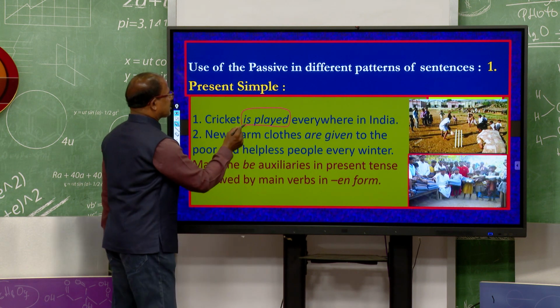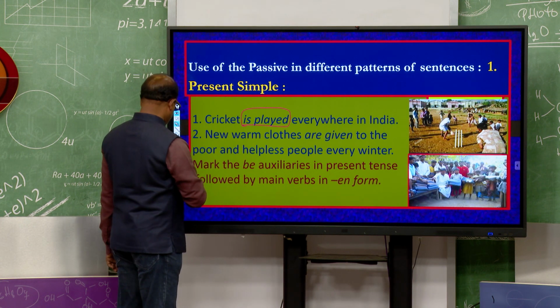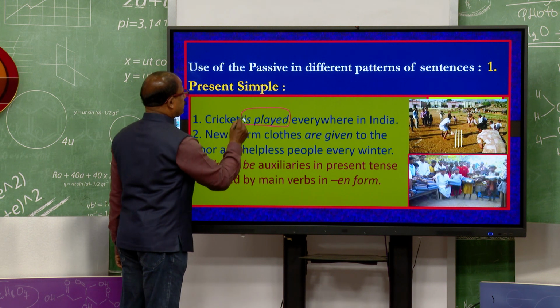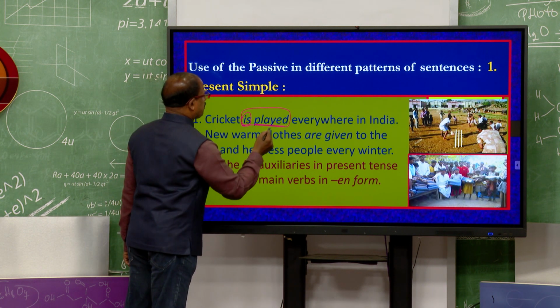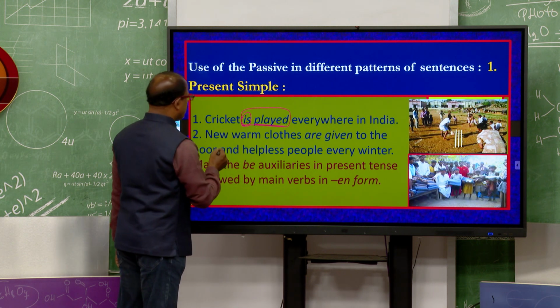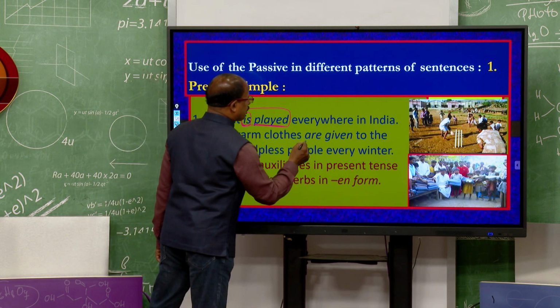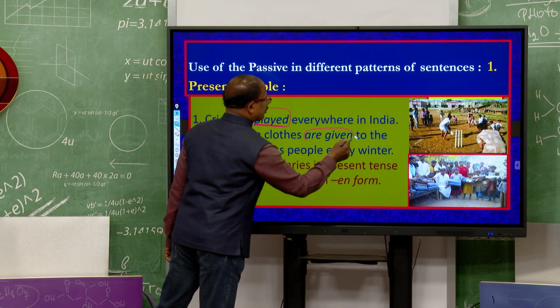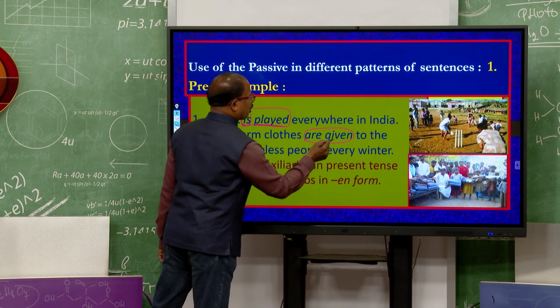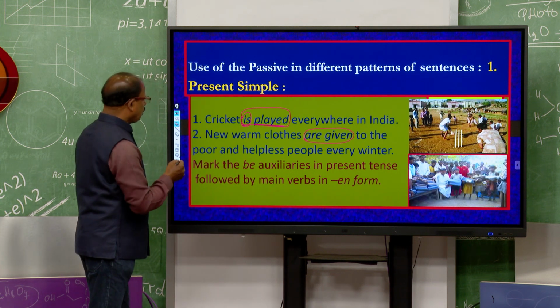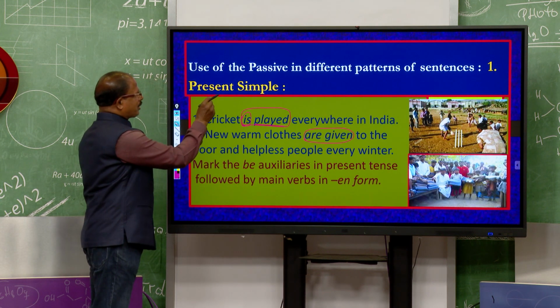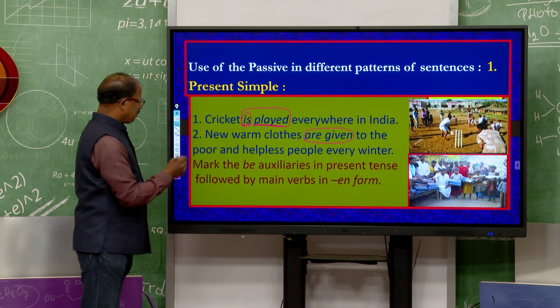This is the be verb and this is the en form of the verb play. So, is played, and new warm clothes are given. Be verb plus en form of the verb give. So, these are the present simple form of the passive sentences.